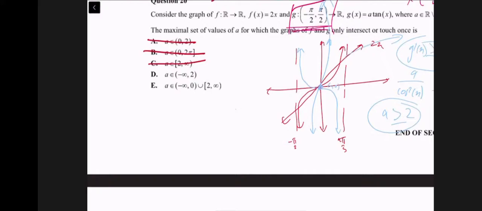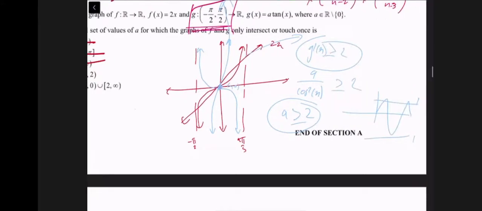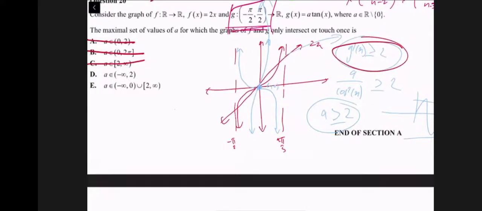But even if you didn't want to do the whole greater than or equal to 2 because you might be confused, just consider when it's just tan x, so when a is 1.